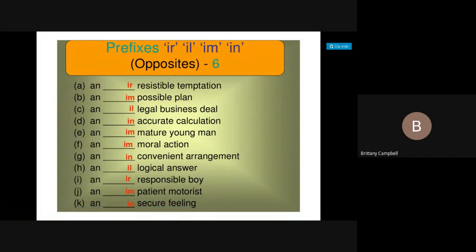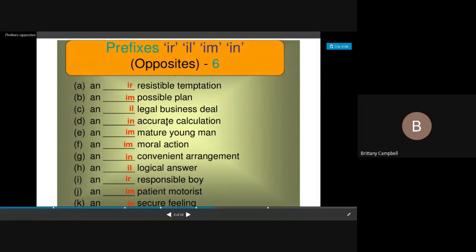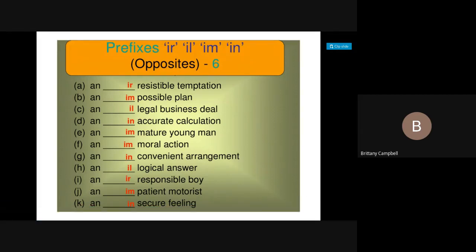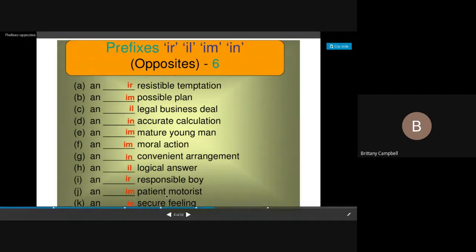How about in? Yes, we have inaccurate calculation. So it's not accurate at all, right? It's not correct. Your inconvenient arrangement. So indeed, it is what? Not, the arrangement is what? Not convenient. Look at this again. Impatient motorist.